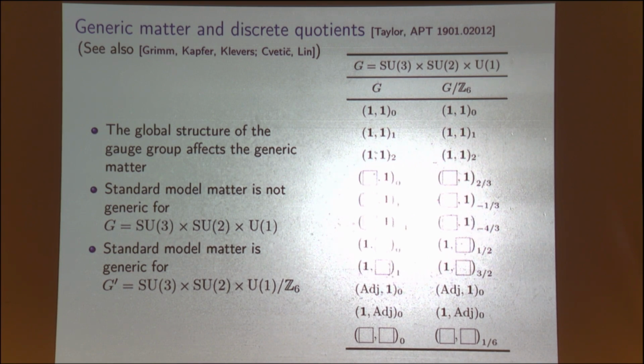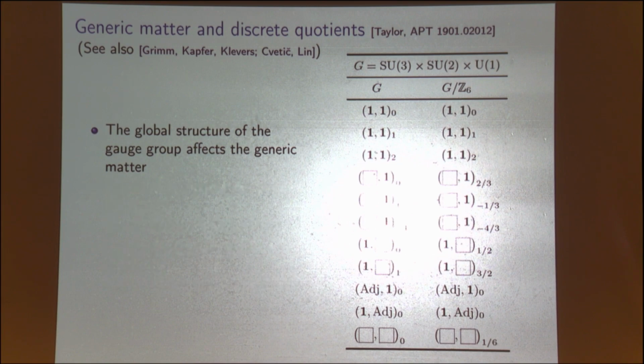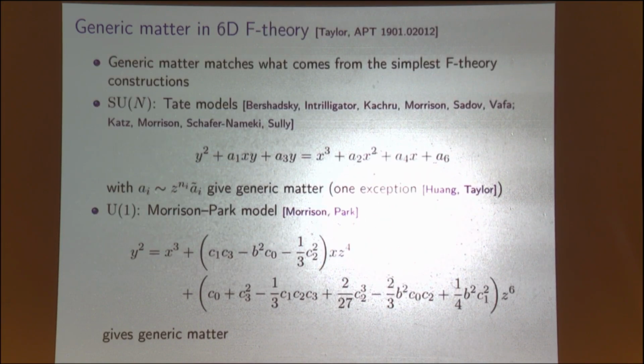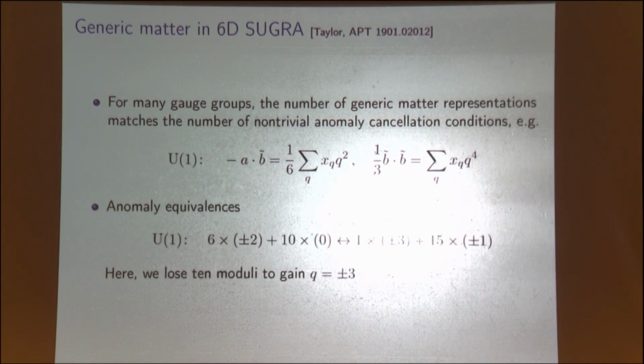So you might picture it something like this. Your moduli space might have a large branch of higher dimension that contains, what did I say the multiplicities were here? 6 charge 2 and 10 charge 0.